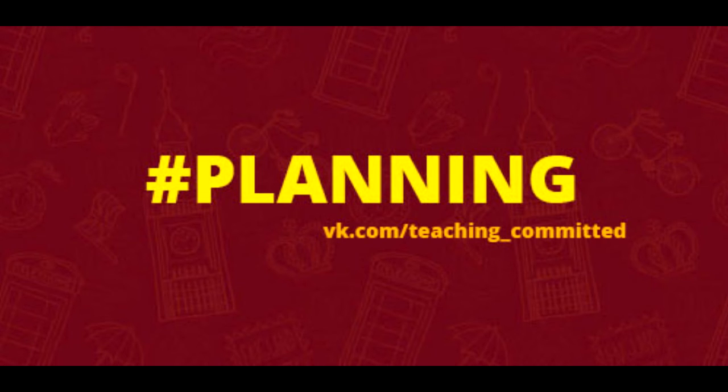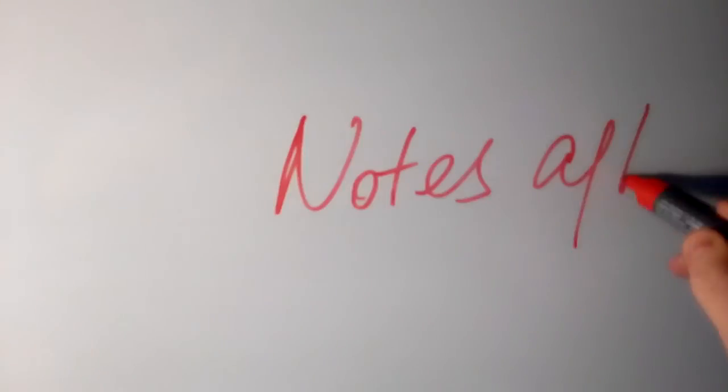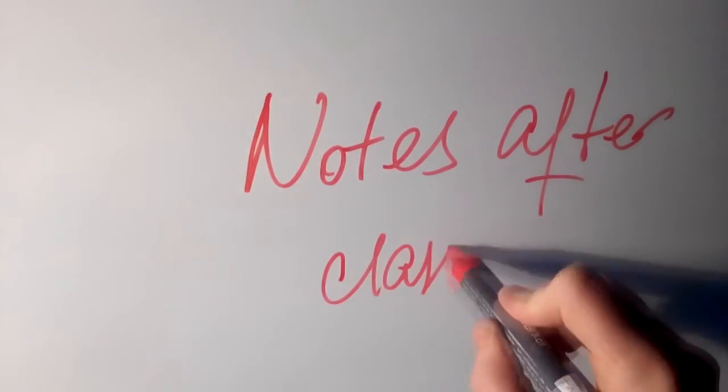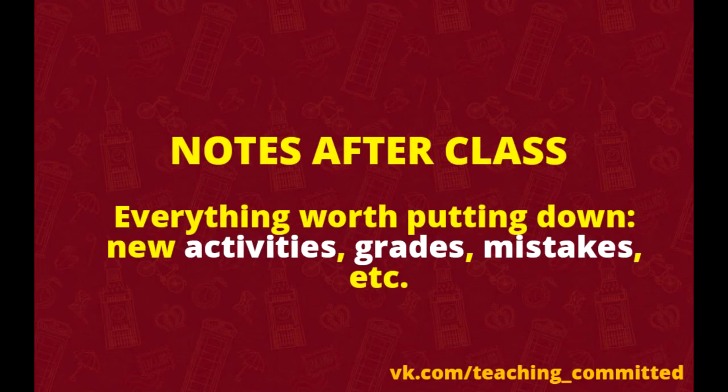So we have so far lesson aim, lesson focus, activities and anticipated problems, and the fourth column is called notes after class. It's not necessarily after class, but during class, after class, whenever you like.